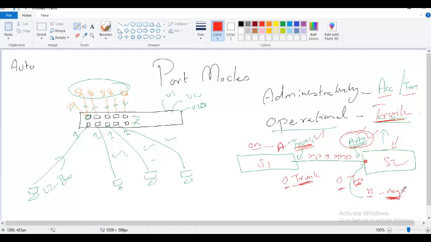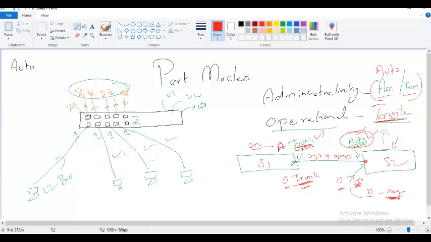I can be a trunk because I'm an auto. Auto means I can be an access or a trunk. No one told me what I need to be, so I was an access. But now you are saying you are a trunk. Let me also become a trunk so that operationally when both sides are trunk, I can receive all that you send. Because now I'm also a part of all VLANs.